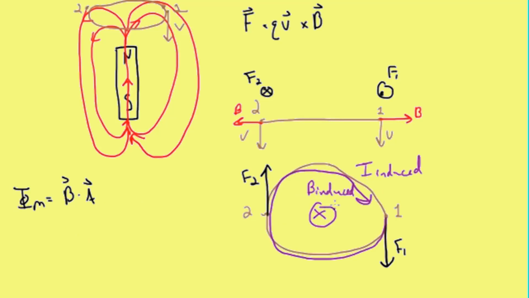This loop has some area A and it has some B field going through it. So if we move it down towards the magnet, then we're increasing the flux, and the current is in a direction such that it will oppose that increase in flux. And if we do the opposite and pull it away, then we'll see that the current is in a direction so that it'll try to increase the flux, always trying to keep the flux the same.